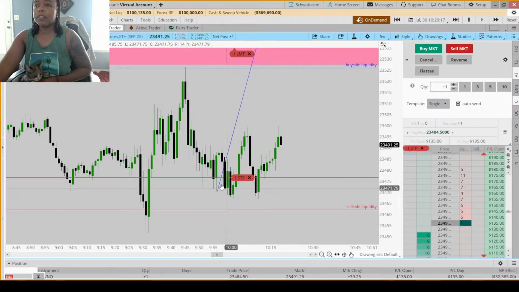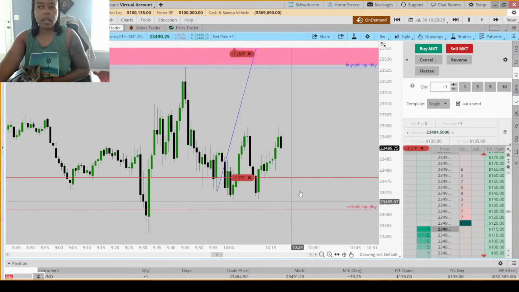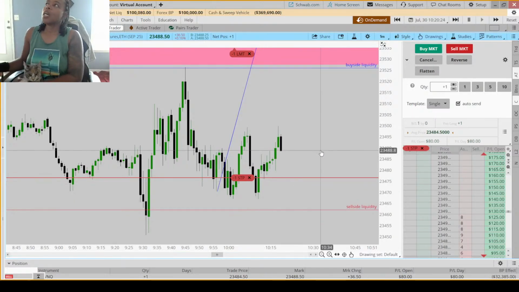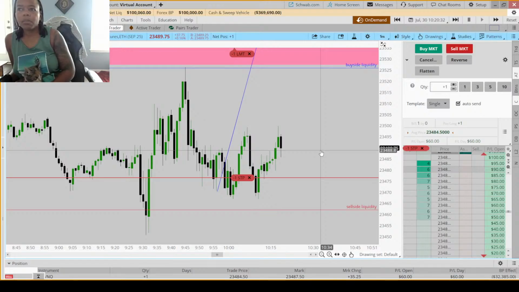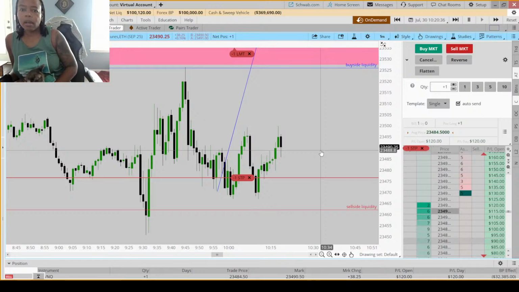So yeah, I would not have liked this setup at all because the price action is very, what's the word I'm looking for? It's very high resistance liquidity movement. Nothing nice about the way this is moving.